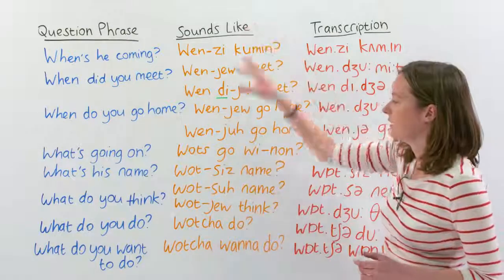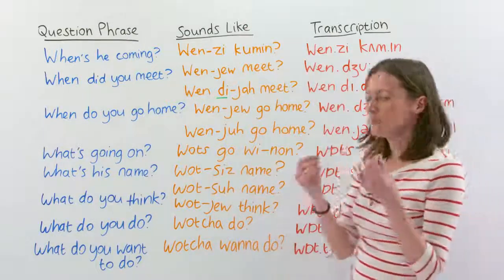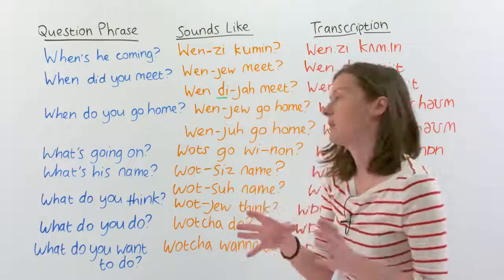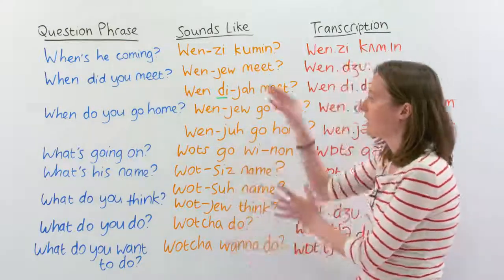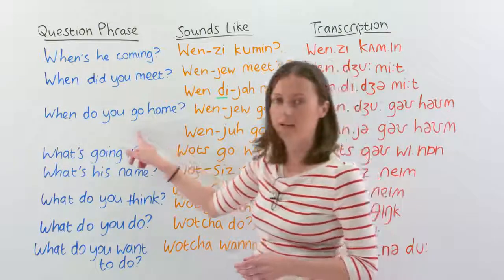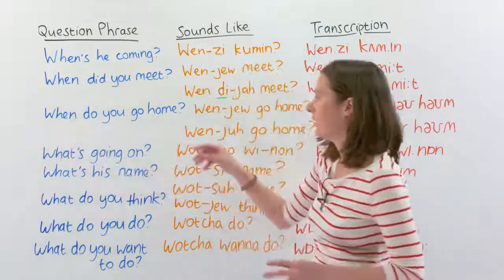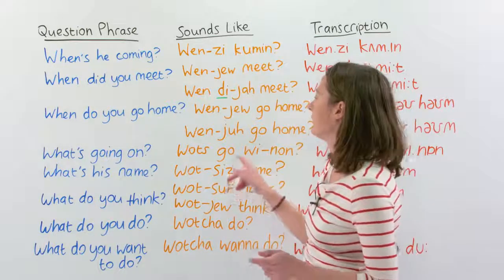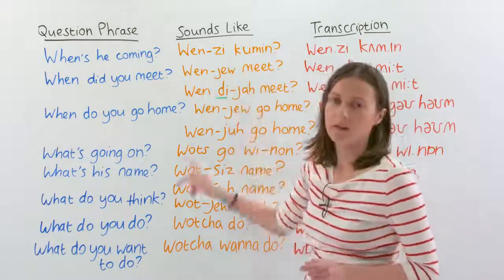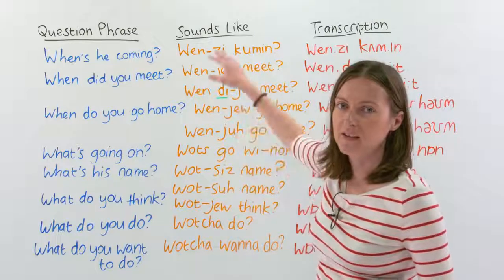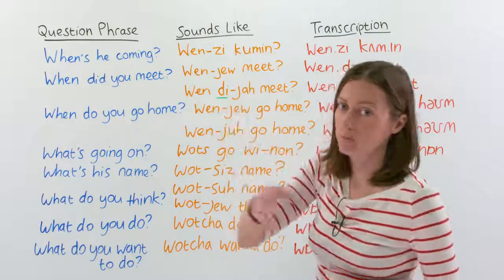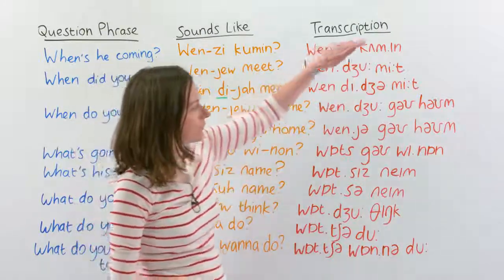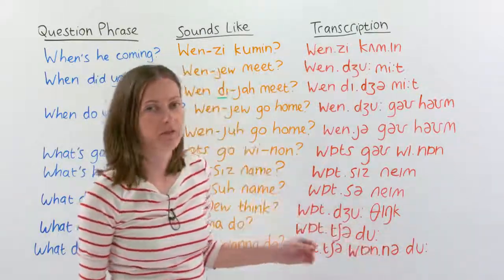And this column here is the closest we can get to describing the sounds, still using the English alphabet. But we can only get so close to it because the English alphabet doesn't have letters for every sound in English when we're speaking. So that's why we have this column, which is IPA transcription.